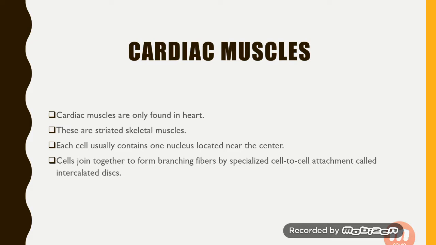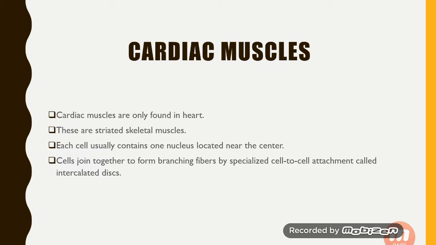Then come the cardiac muscles, which are of course related to the heart. Cardiac muscles are found only in the heart, and these are striated muscles, which means they contain the strips.